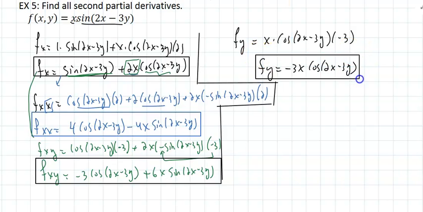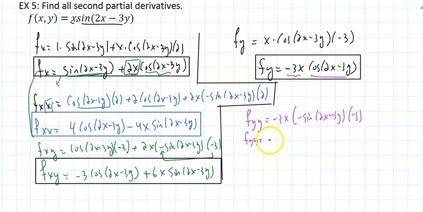Now I need to take two derivatives of that. First derivative is going to be in terms of f sub yy. That's a constant, derivative of cosine is negative the sine, times a negative 3. So f sub yy is done. That is negative 3 negatives, that's a negative 9x the sine of 2x minus 3y.